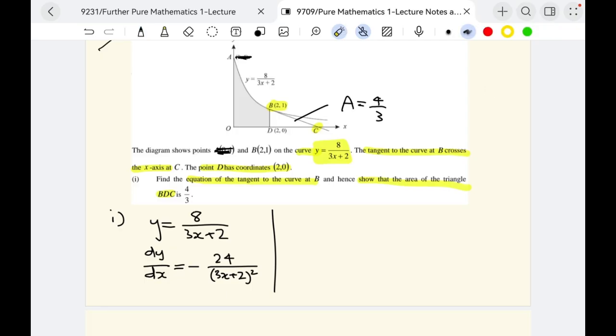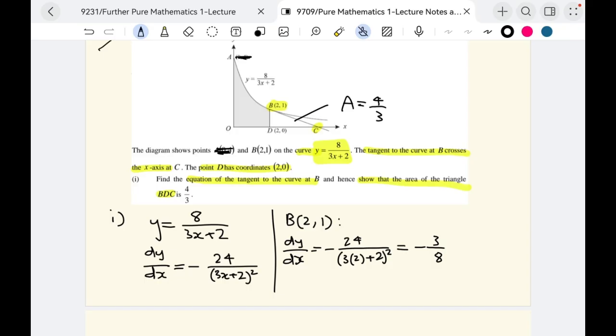So I want to find the gradient of this line, which is the gradient of BC or the gradient of the tangent. So at B, x equals 2, what is your dy/dx? Your dy/dx is negative 3 over 8.